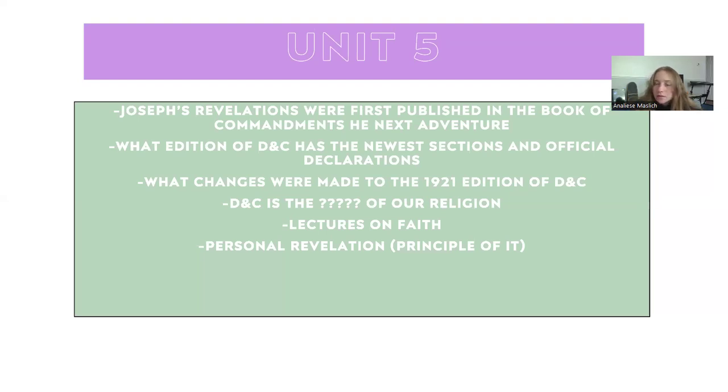And that is going to be the 1981 edition of the D&C. And also know what changes were made to the 1921 edition of D&C, because there were some pretty major changes made. And then there's a quote that says D&C is the blank of our religion. What is it? And then vaguely know the lectures of faith.